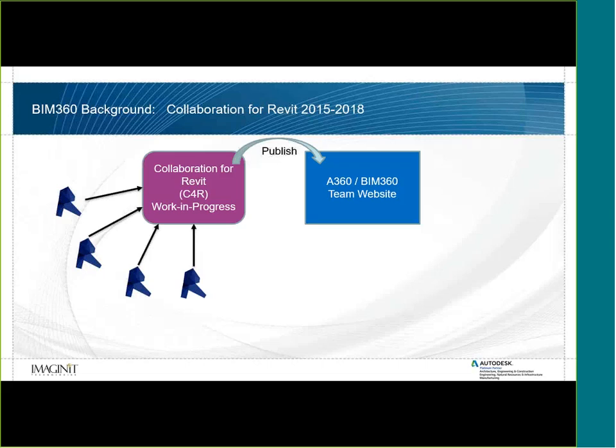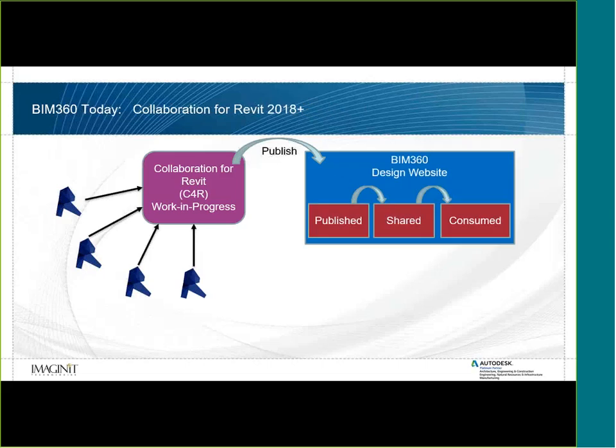So flash forward a little bit, and just relatively recently, within the last year or so, Autodesk changed what was Collaboration for Revit. The upgraded version of it is now called, instead of Collaboration for Revit, BIM 360 Design.